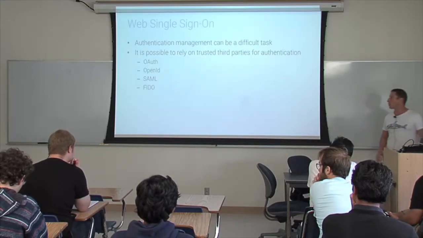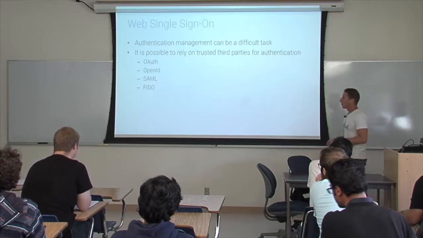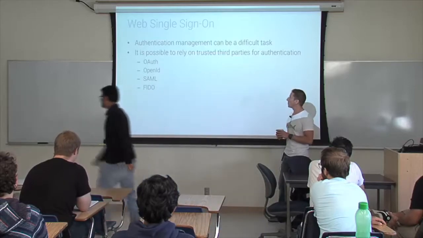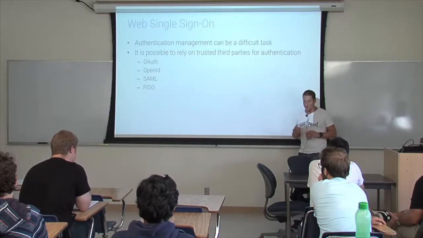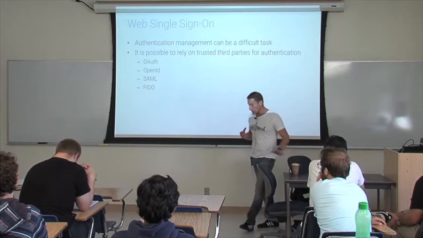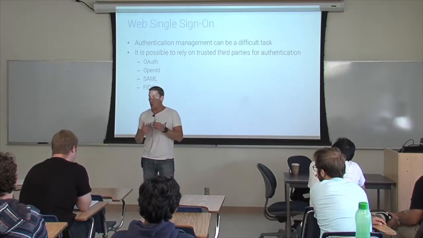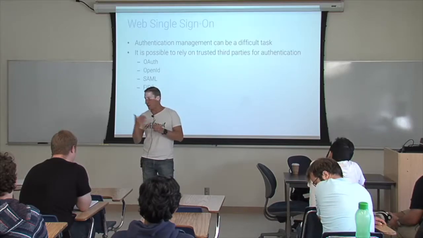And of course, if you're good and you know what you're doing, you would do something like OAuth or other form of third-party authentication, where whenever you have an authentication request, you are redirected to a different page.